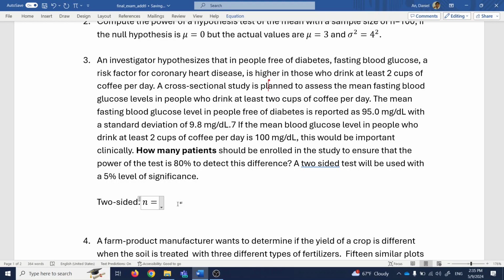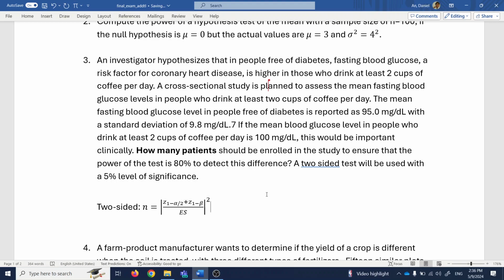N equals, for the two-sided case, Z 1 minus alpha over 2, plus Z 1 minus beta, divided by effect size.